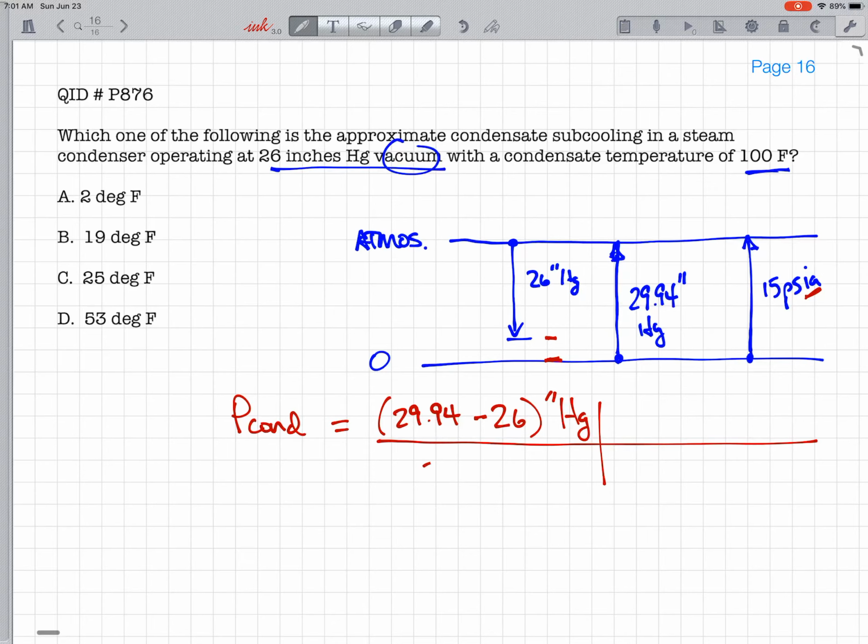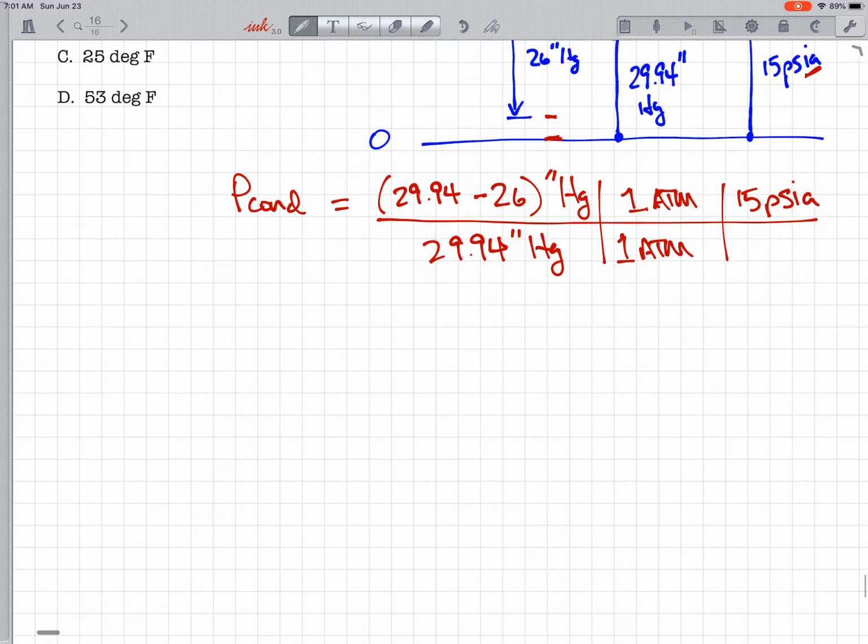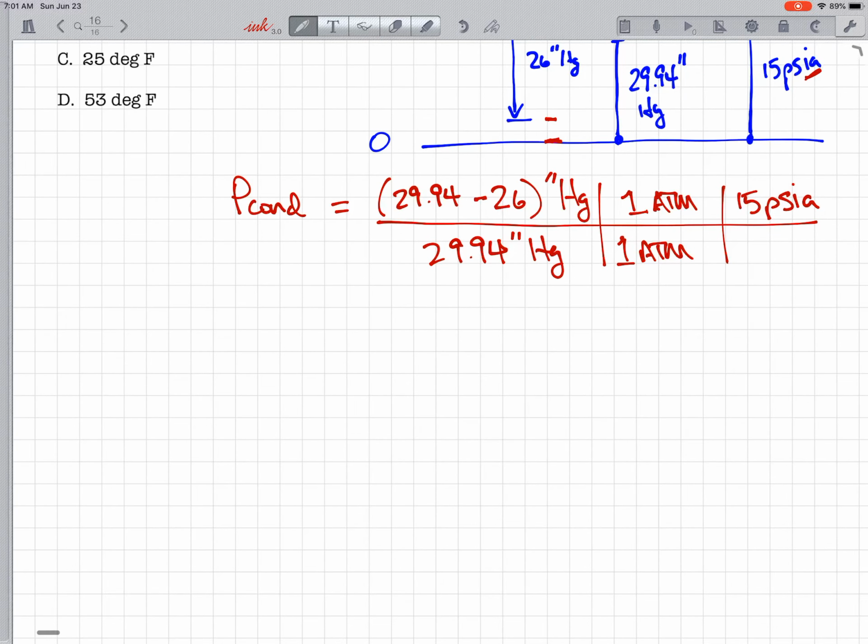So I'm going to say that 29.94 inches of mercury is going to equal 1 atmosphere. And I also know that 1 atmosphere is going to equal 15 pounds per square inch absolute. It's 14.7 pounds per square inch absolute, but this is what the NRC uses, is 15, and it's close enough. It wouldn't really matter.